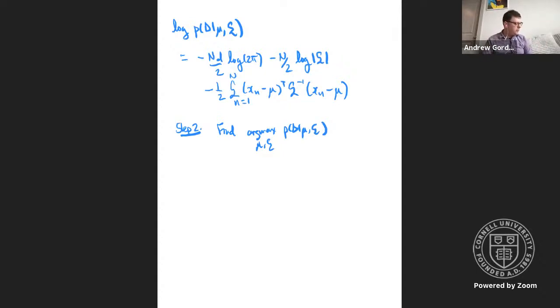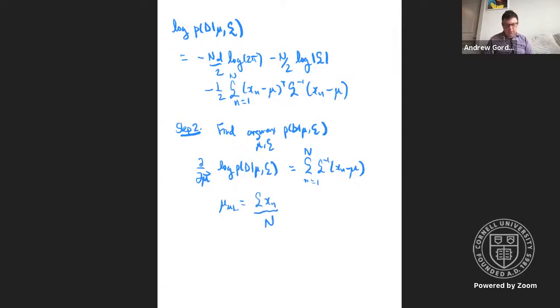And maybe we could do that very quickly for mu. So we can also take derivatives with respect to vectors if we like. If we set that equal to 0 and kind of confirm we have an optimum, then we get mu ML equals the sum of our points over the total number of points.